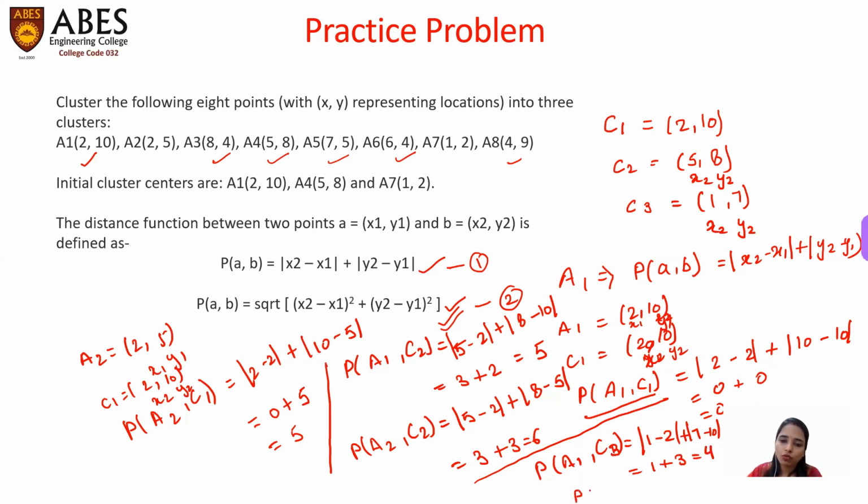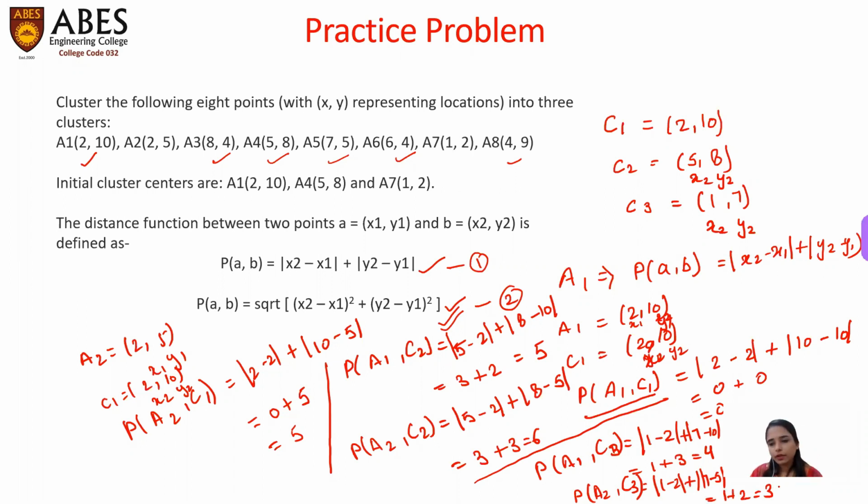For data point 2 also, it is 1 minus 2 and then 7 minus 5, which is 1 plus 2, equal to 3.